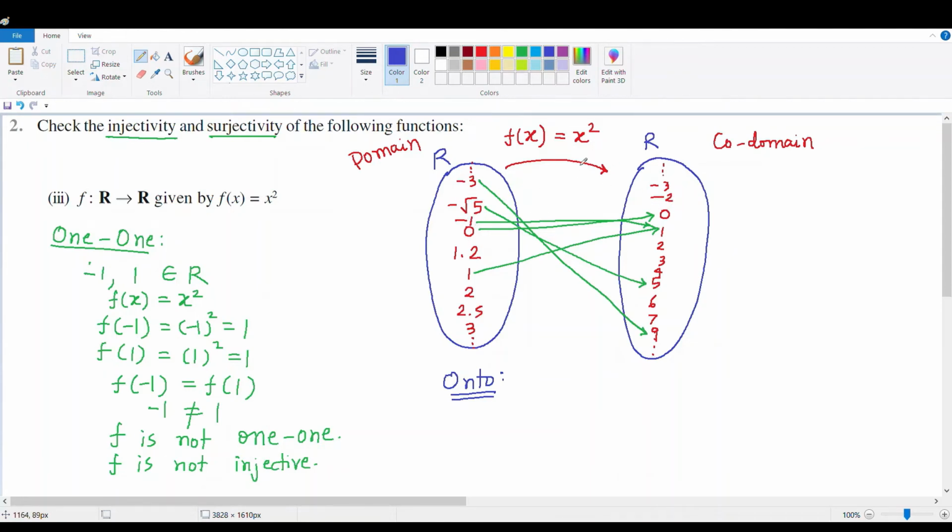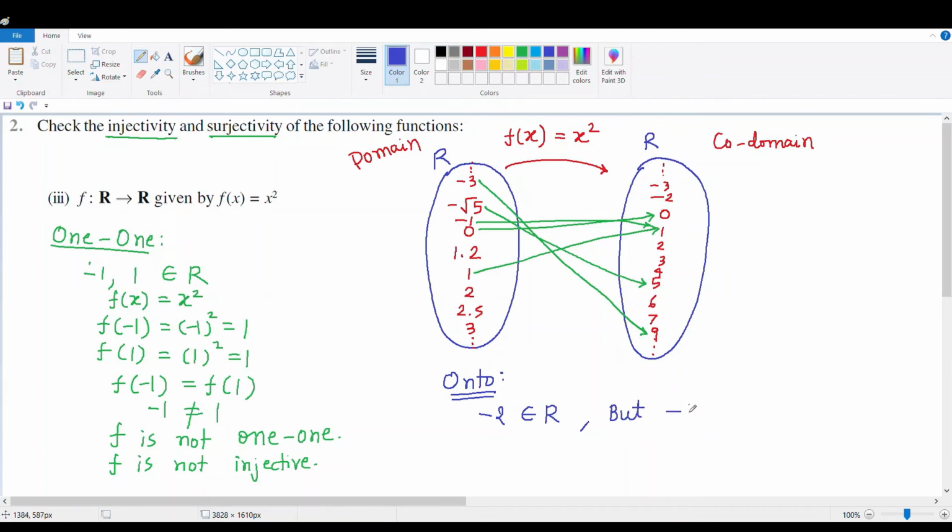No number, right? Because you cannot have a negative number as the square of something. So for all the negative numbers in this real number set, you will never be able to find a pre-image in this domain.